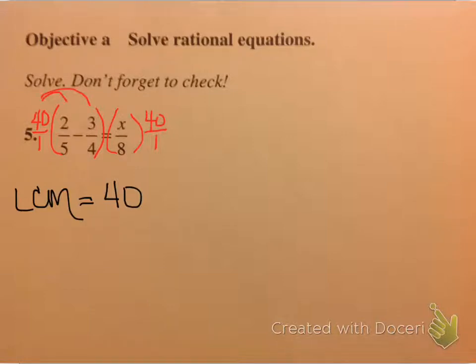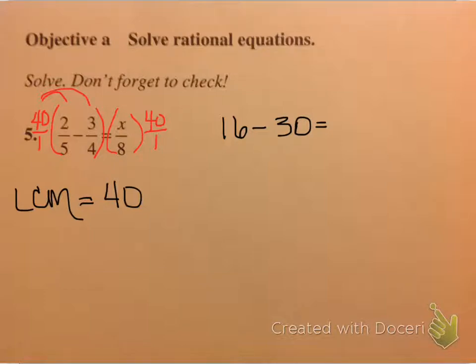When I multiply through, you will see our fractions disappear. So I'm going to have 40 times 2/5. So 40 times 2/5 is going to be 80 over 5, which would simplify to 16. 40 distributed to 3/4 would be 120 over 4, which would simplify to 30.